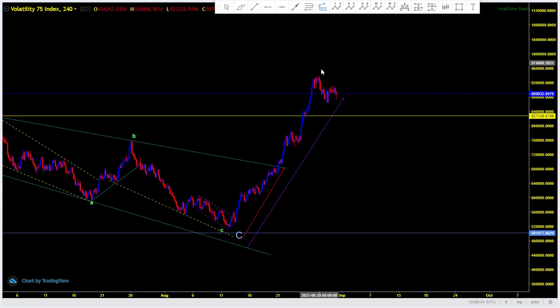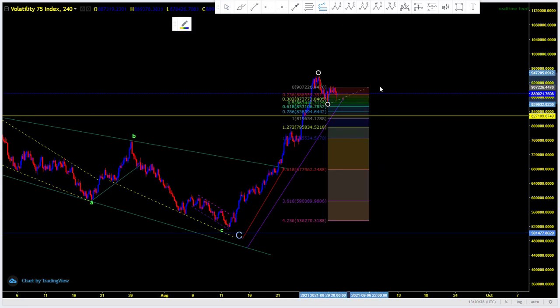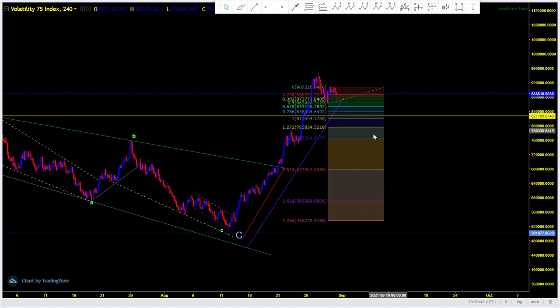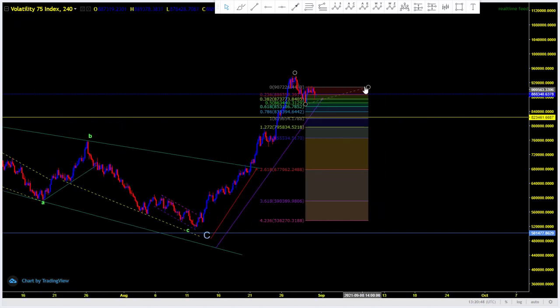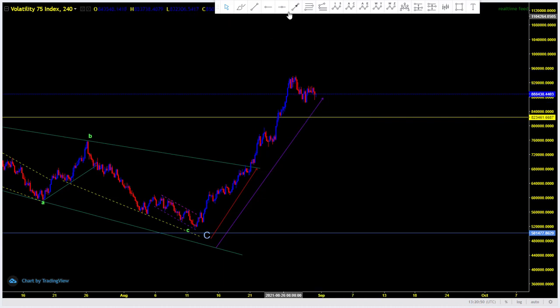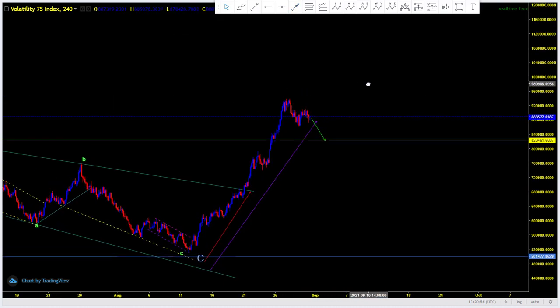If I measure for you here, I would expect this ABC correction that we are experiencing right now to come back to retest these highs. So for now, let's expect V75 to come back to test these highs.